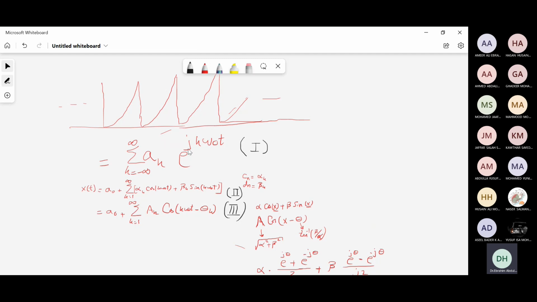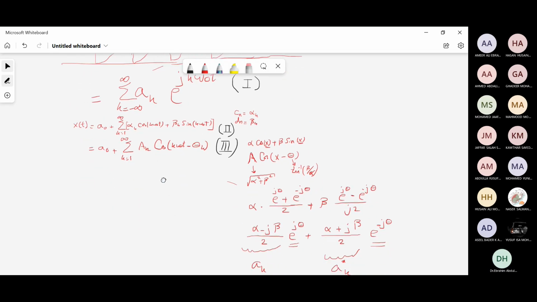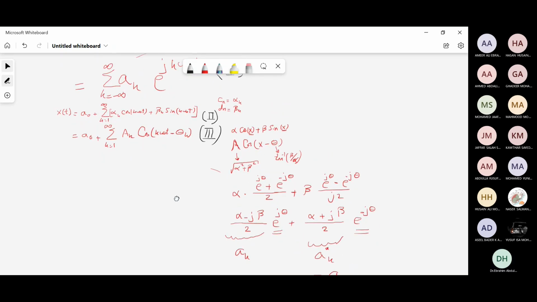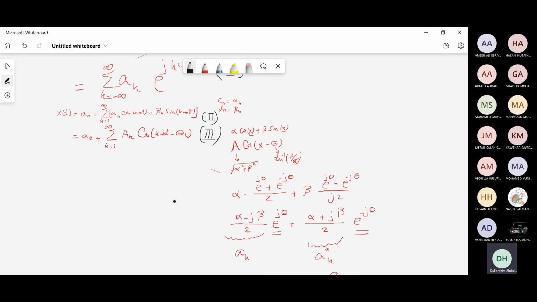For example, if you know this, you should know how to find form number 2 and form number 3. From where? From this relation. This is the relation between 2 and 3, and this is the relation between 1 and 2.